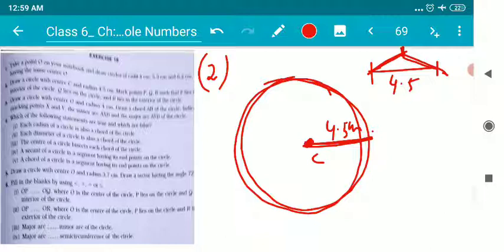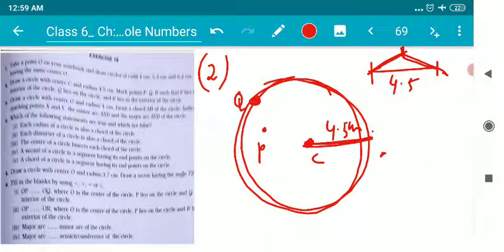Mark points P, Q, R such that P lies in the interior of the circle. So suppose this is P, a point in the interior of the circle, inside the circle. Then Q lies on the circle. Suppose this is Q, lying exactly on the circle, meaning on the outer curve of the circle, and R existing in the exterior of the circle.